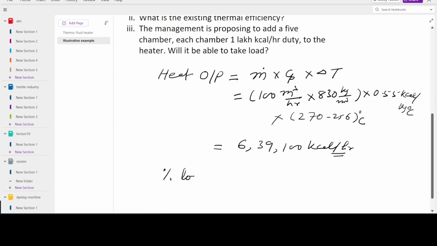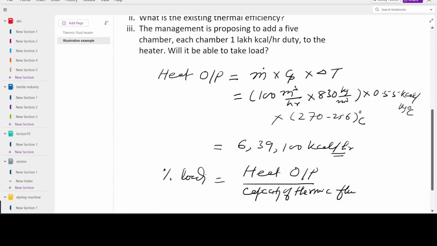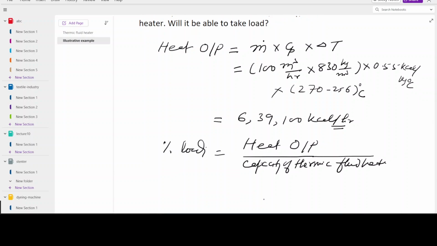Percentage loading is equal to heat output divided by capacity of the thermic fluid heater. In the very beginning, in the question, the capacity has been given as 15 lakh kilocalorie per hour.